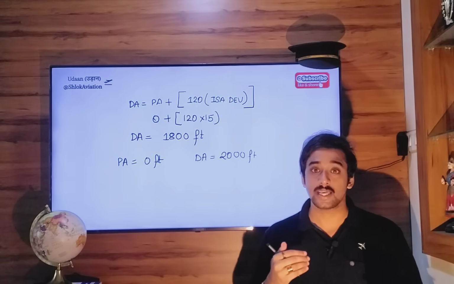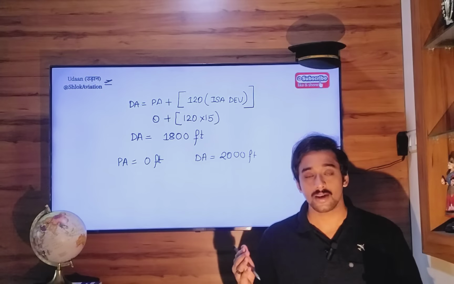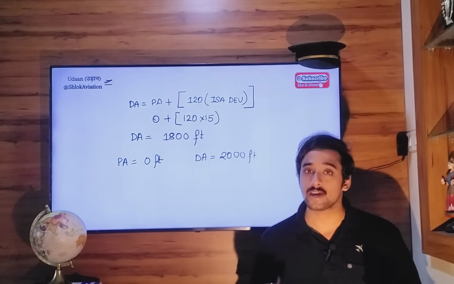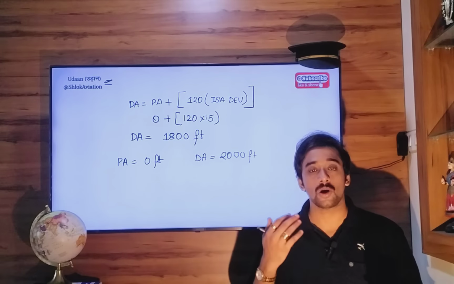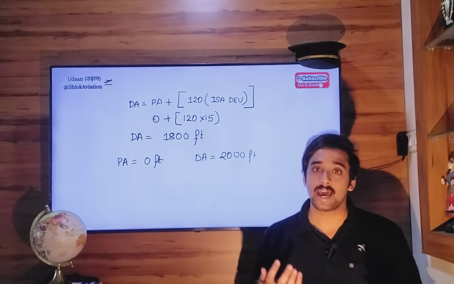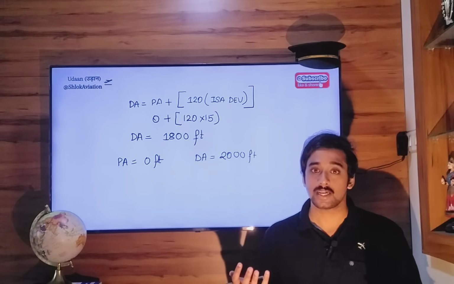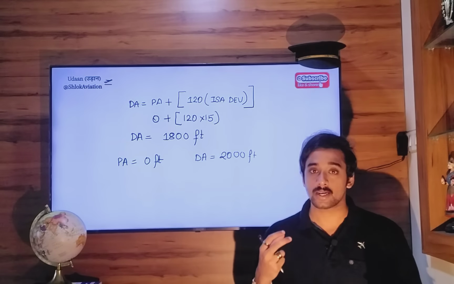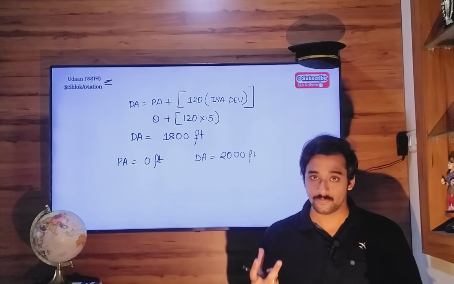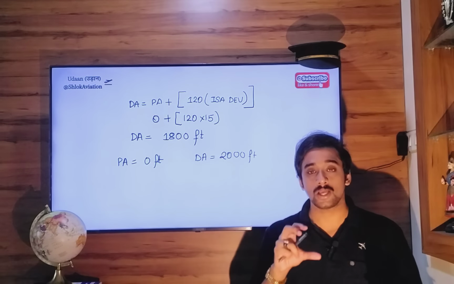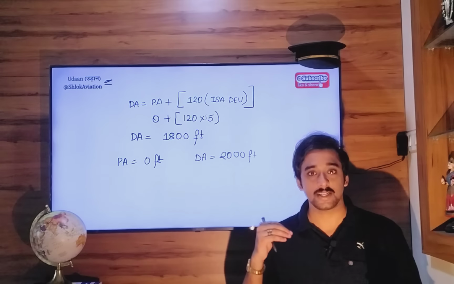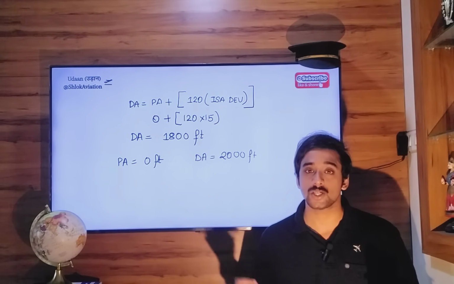Now as the air becomes thinner and thinner, that will be a drawback for your aircraft engines. Your aircraft engine will not be able to generate as much thrust as it would with density of air that is thicker or greater. So more the density of air, more the generation of engine power. Less the density of air, less the generation of engine power.